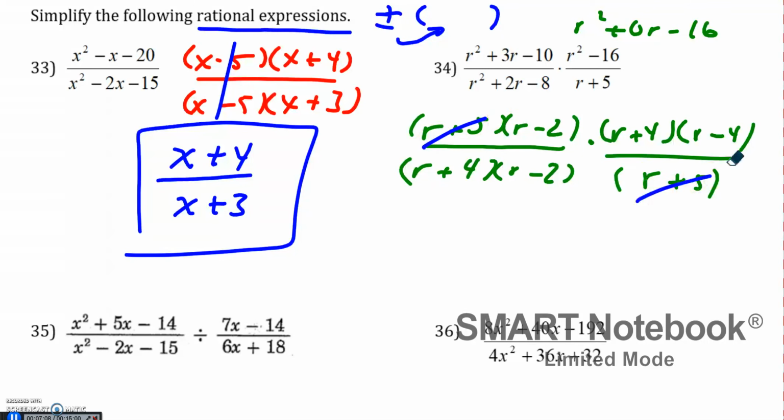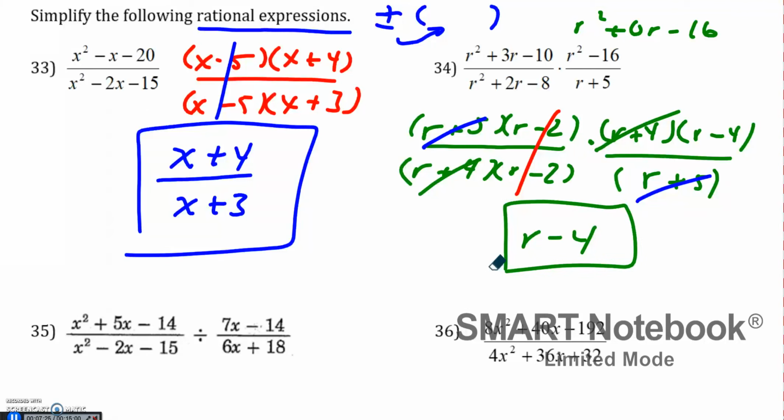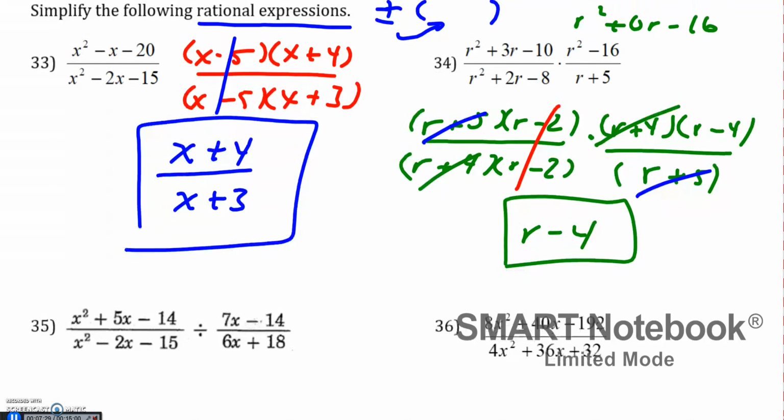This r plus 5 cancels with that r plus 5. These r minus 2's cancel. This r plus 4 and this r plus 4 cancel. So all I'm left with is this r minus 4 on top. So technically I have r minus 4 over 1, or just more simply, r minus 4. That's pretty satisfying, I have to say.